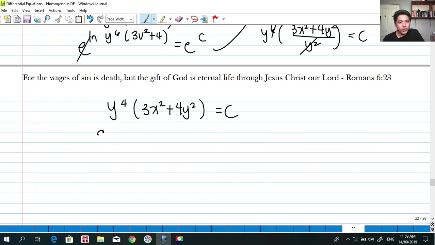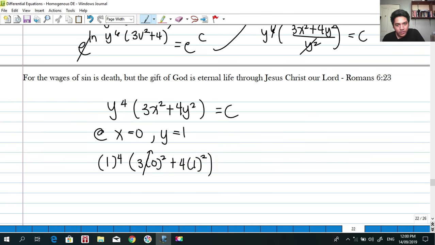But our condition is that we need to find the particular solution when x equals 0 and y equals 1. So we simply substitute to find the value of c. 3 times 0 squared, so this is 0, plus 4 times 1 squared equals c.